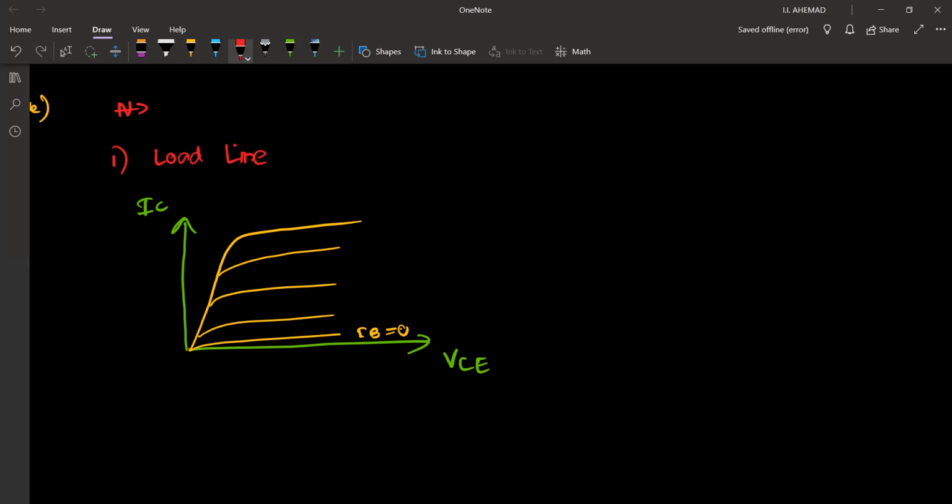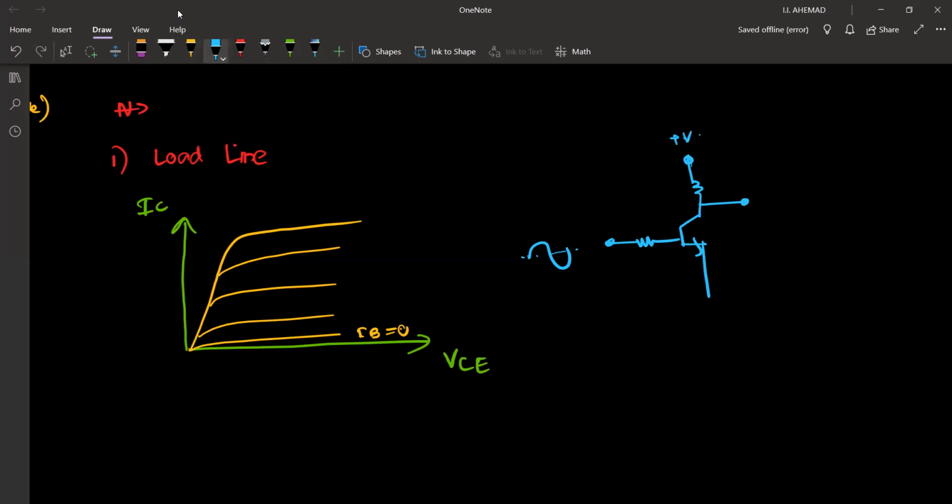So here, don't draw what I drew up, only draw this graph. Now I have my transistor. I provide a signal just like this, a sinusoidal signal.